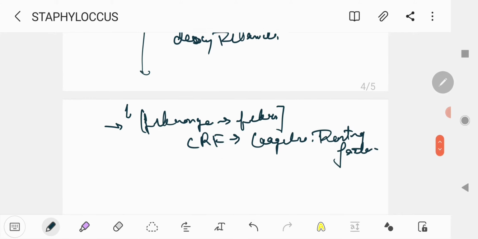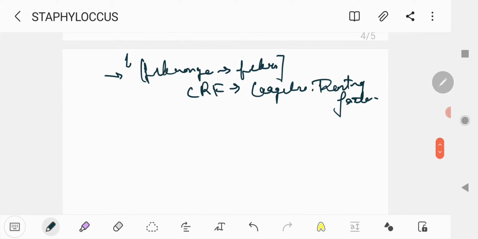You have to remember this. Then the second is the phosphatase and deoxyribonuclease. Normally they have normal function with the inhibition of phosphatase and deoxyribonuclease of the body.